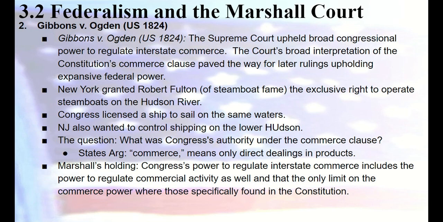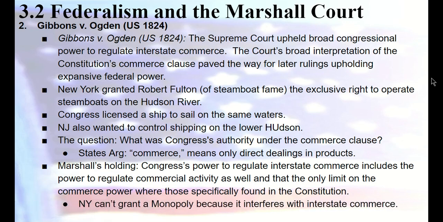So in other words, they ruled that the power of Congress to regulate interstate commerce was extensive. And so they argued that New York specifically couldn't grant a monopoly because it interferes with interstate commerce.